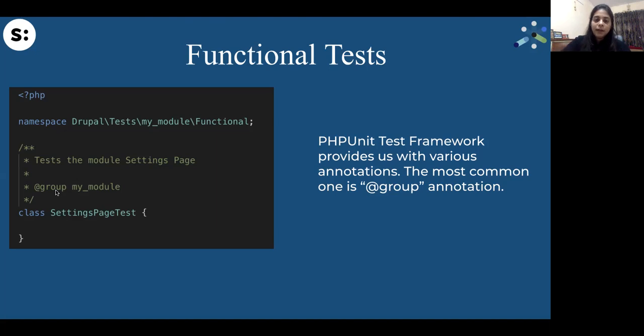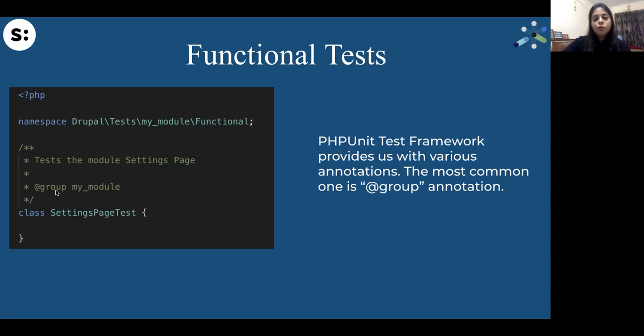For example, group A, group B, group C. Under group A, suppose you have 3 or 4 tests. This is helpful when we run the test cases. When we run the test command, we can include the group keyword and give the group name. All those tests will run together, at once, using one command.